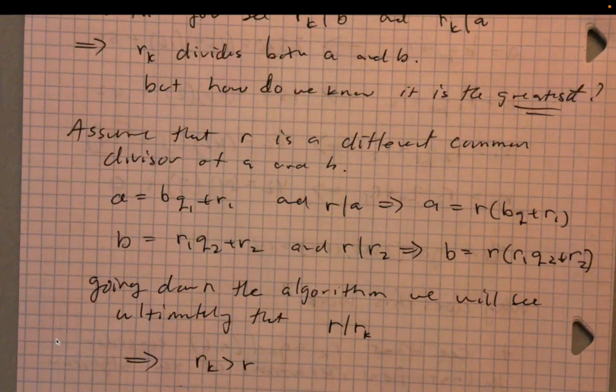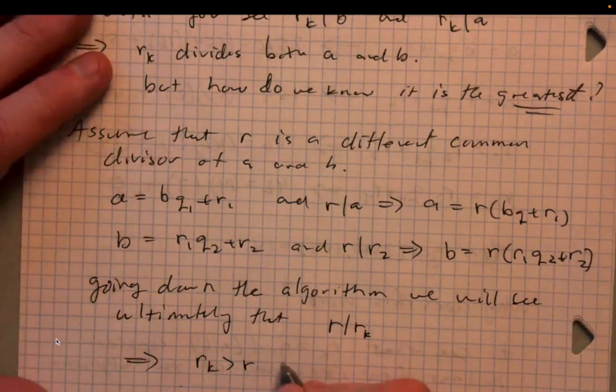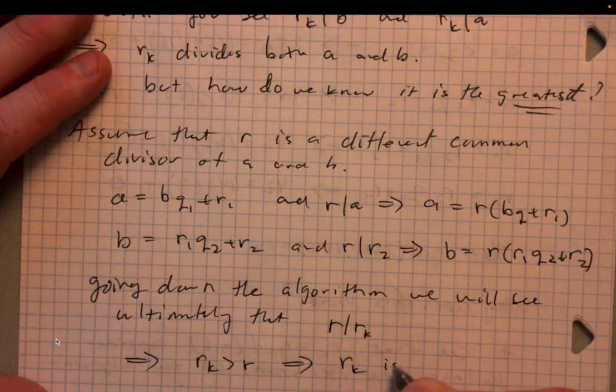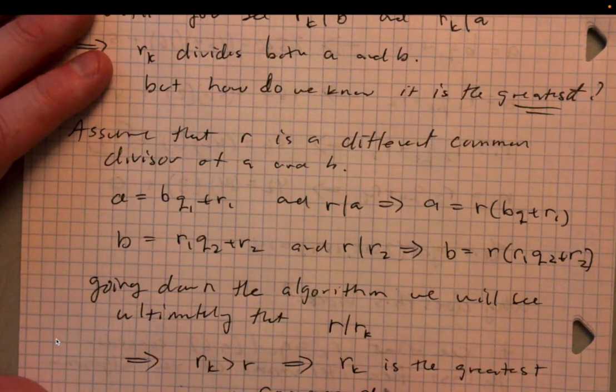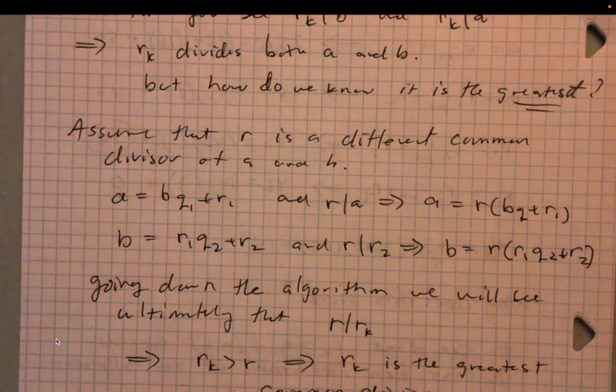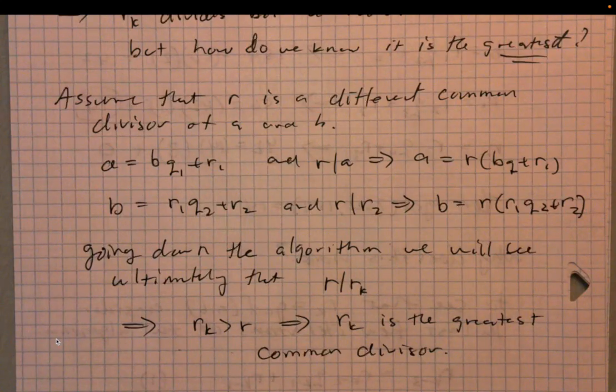This r is totally arbitrary, so rk must be the greatest common divisor. And that's what we wanted to show. So that's the result we're after. Okay. All right. Very good.